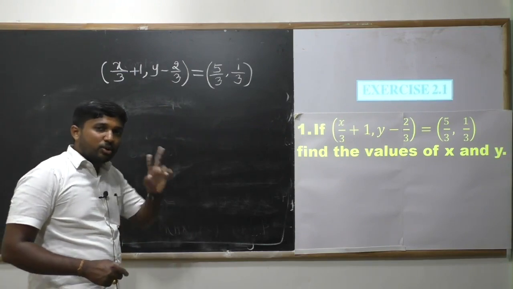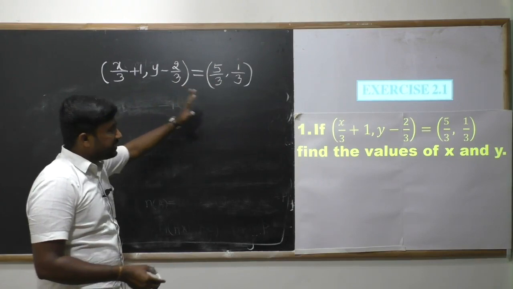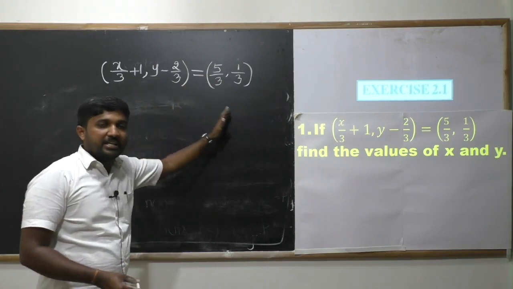When we say that 2 ordered pairs are equal, their corresponding first elements are equal and second elements are equal.